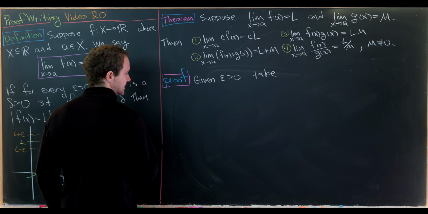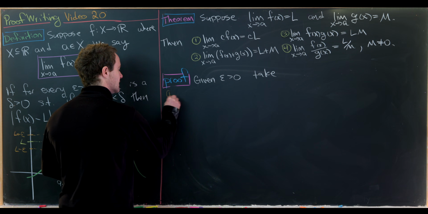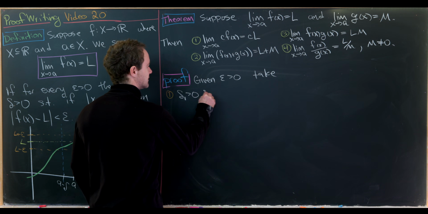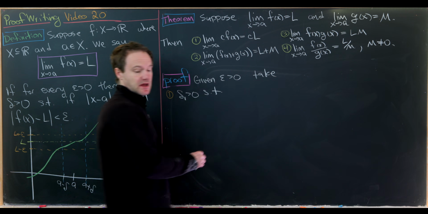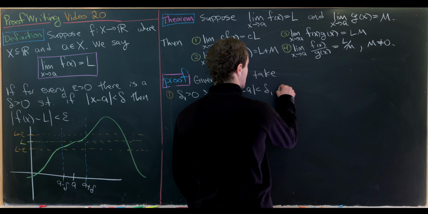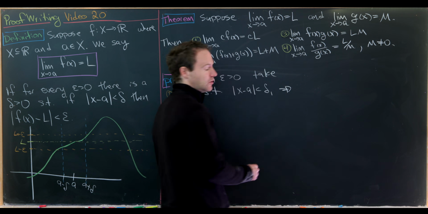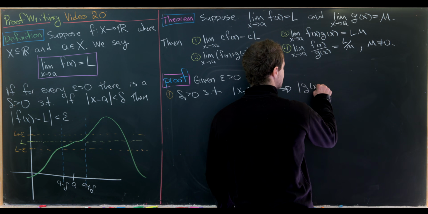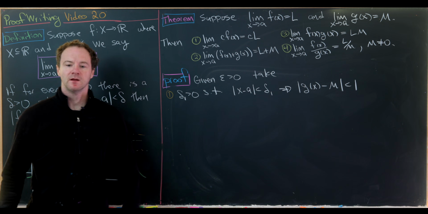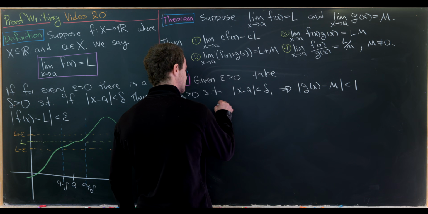Our first delta will be chosen as follows: delta 1 bigger than 0 such that if |x minus a| is less than delta 1, then, which I'll write as an implication, we have the absolute value of g of x minus m is less than 1. Okay, well that may not seem super helpful, but let's see where that leads us.